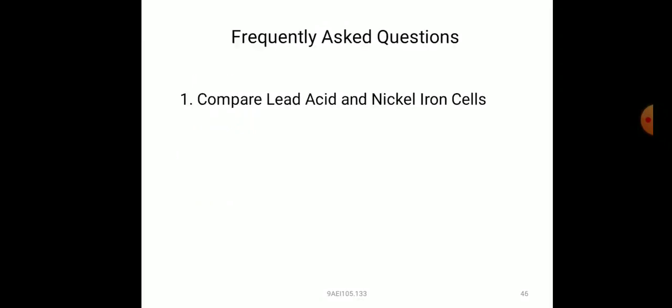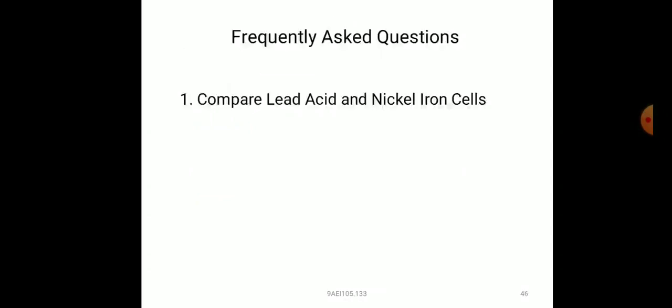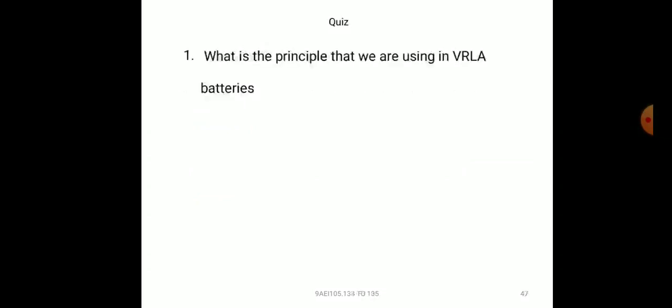The important frequently asked questions are: compare lead acid and nickel iron cells. And what is the principle that we are using in VRLA batteries? Very good principle: the electrode self-generates the water.